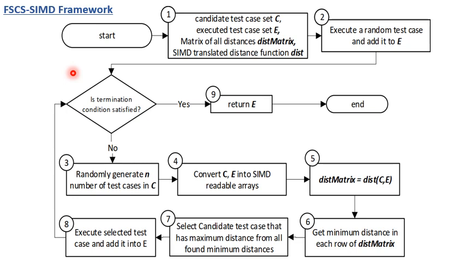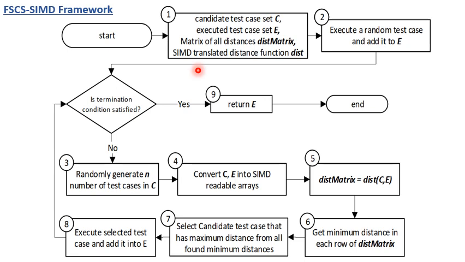This is the framework of FSCS-SIMD. As we can see, the whole process is summarized into 9 major steps. The first step is the initialization phase, where a candidate test case set, an executed test case set, a matrix of all distances called dist matrix, and a distance calculation function translated into SIMD instructions are defined.